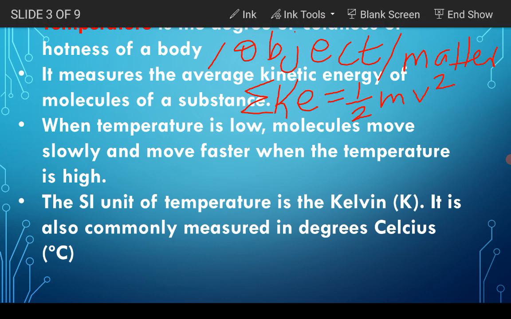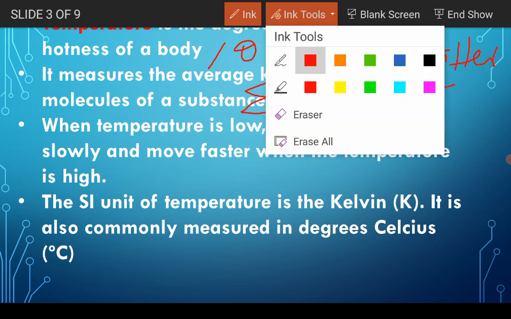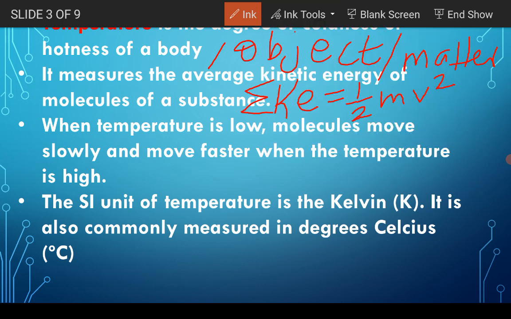So if they ask you in an exam, state the SI unit of temperature, just say Kelvin. So the Kelvin is the SI unit, the unit that is used in scientific work for temperature, but it can also be measured in units which are called degrees Celsius.